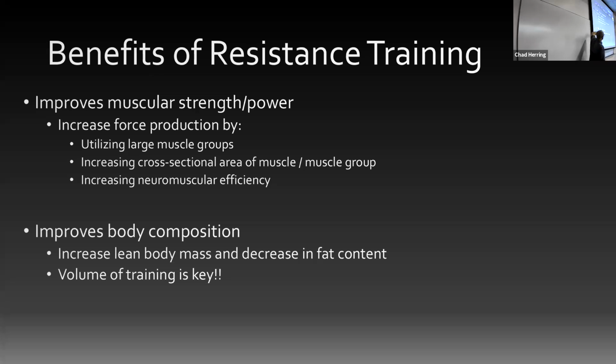Neuromuscular efficiency would be that component that I talked about, anaerobic adaptations to resistance training, especially at the beginning of a resistance training program, or if you have a beginner athlete or a young athlete, a child or youth. Are they going to put on a lot of muscle mass and really increase the size?